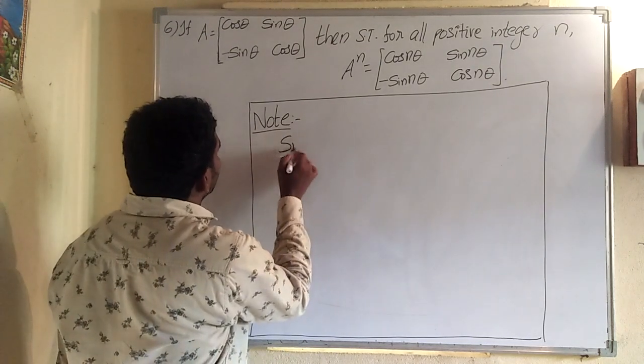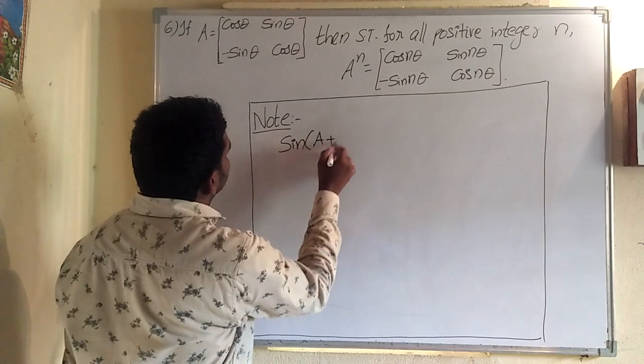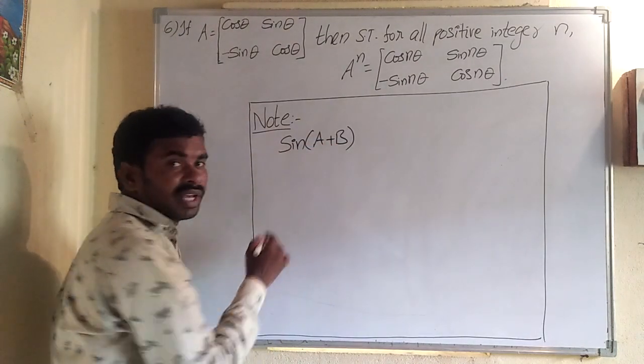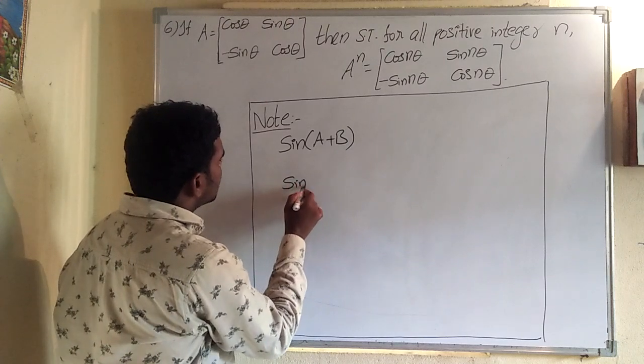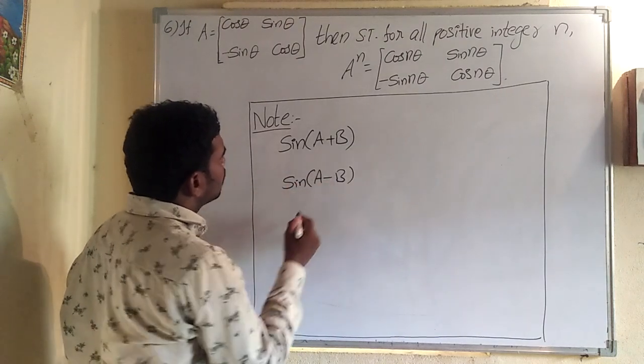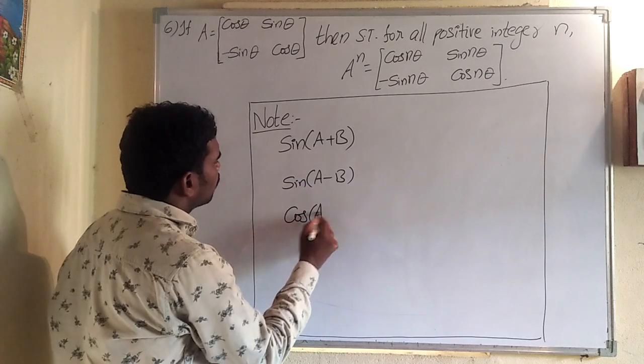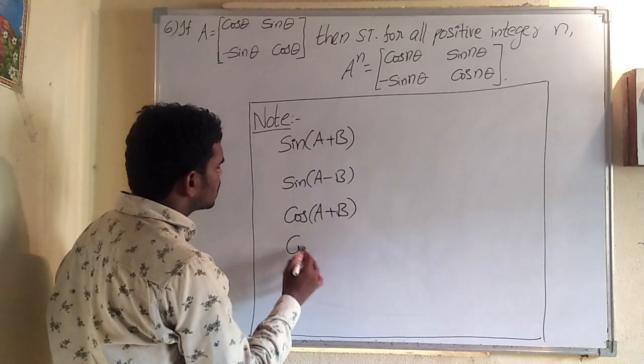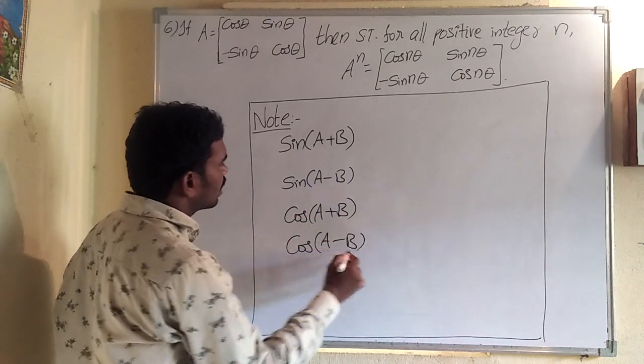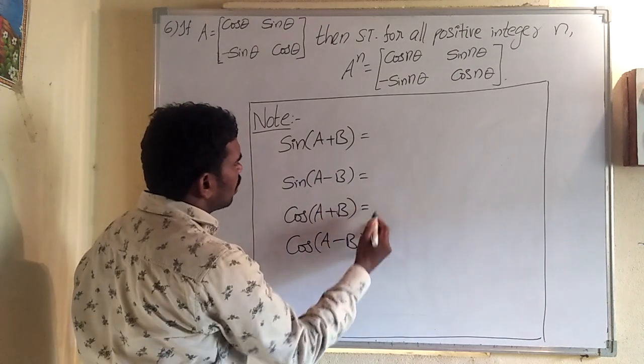For that, first one is sin of a plus b. These 4 formulas are very important. Second one is sin of a minus b. Third one is cos of a plus b. And fourth one is cos of a minus b. These are the trigonometric formulas.